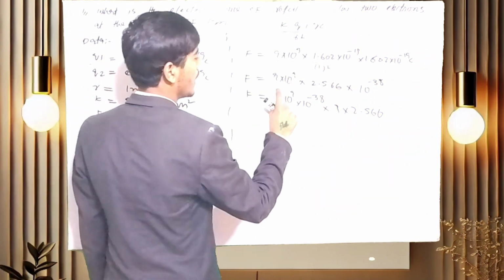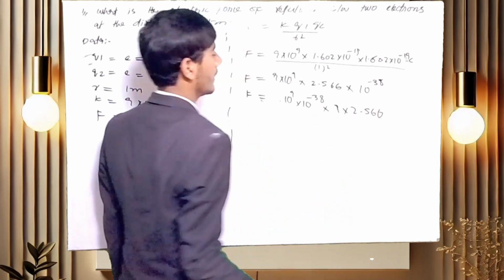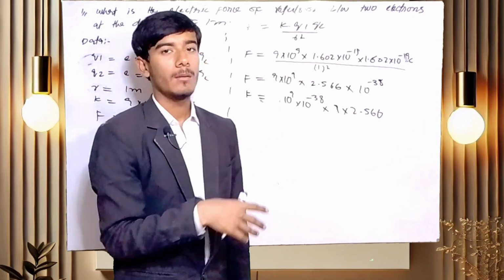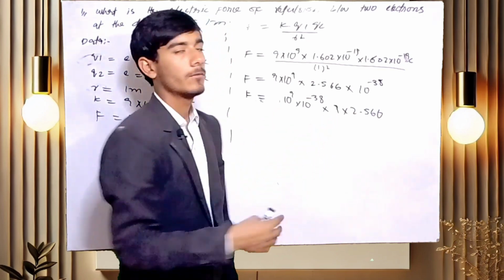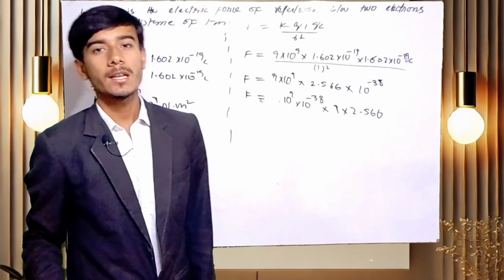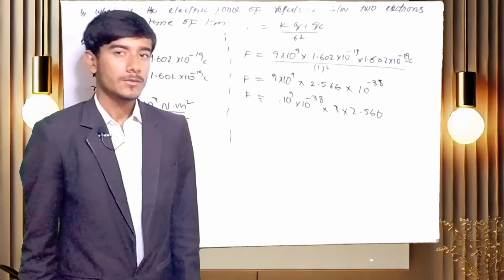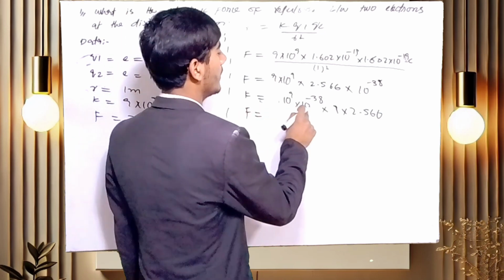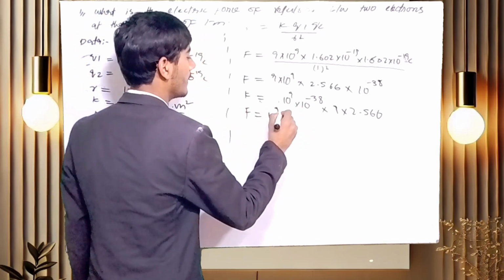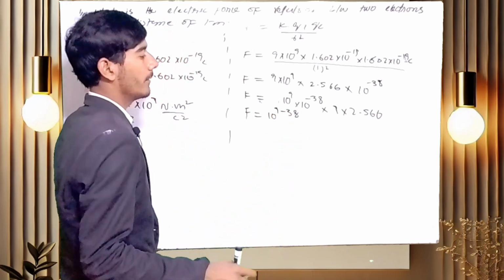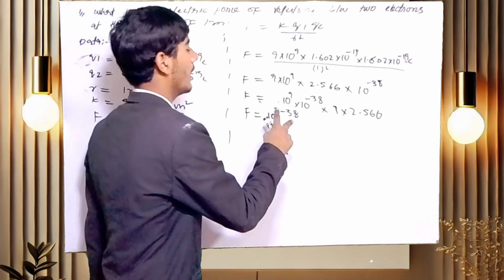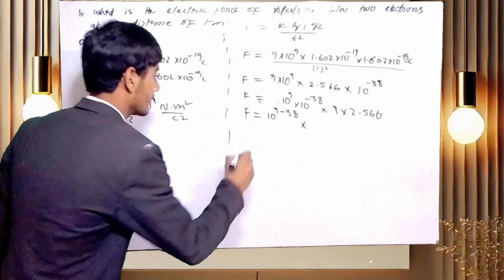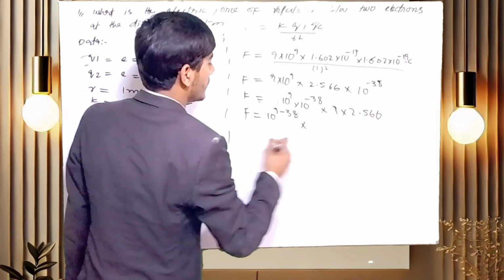I could multiply 9 by 2.566 with the 9 where it was, but I shifted the 9 for simplicity, because the video is getting lengthy. Sorry. F is equal to 10 power 9 minus 38, because the bases are the same, that's why I can add the powers, into 9 multiplied by 2.566.